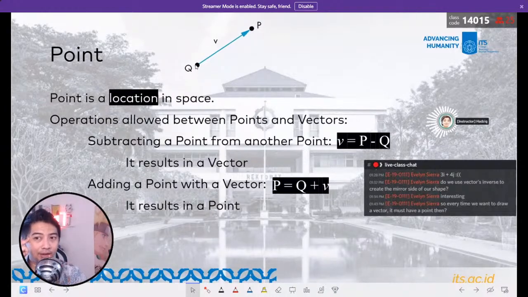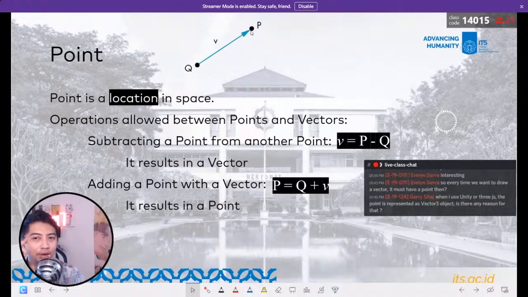Its tail is usually rooted in the origin 0,0, and its tip is pointed to some particular position. Now, in the end, we have a position. Later, you will learn that the requirement to have a position is, in addition to vectors, you have to have an origin. So that's the key point.